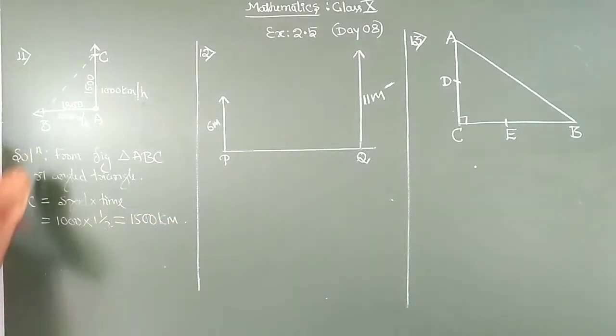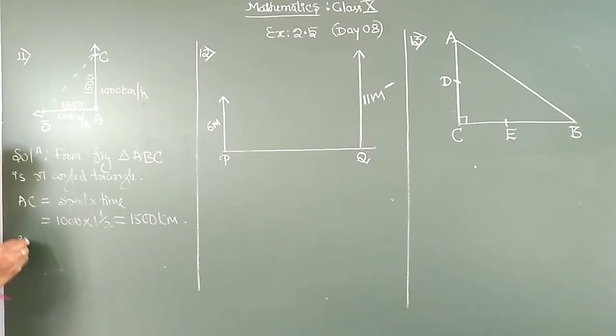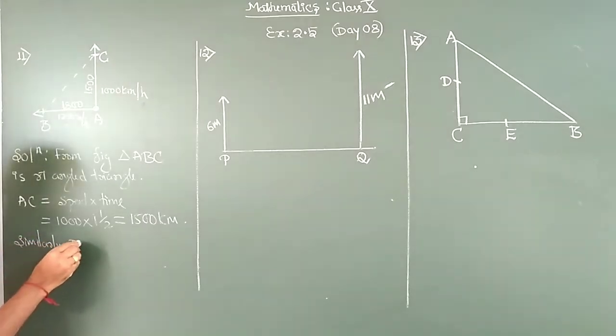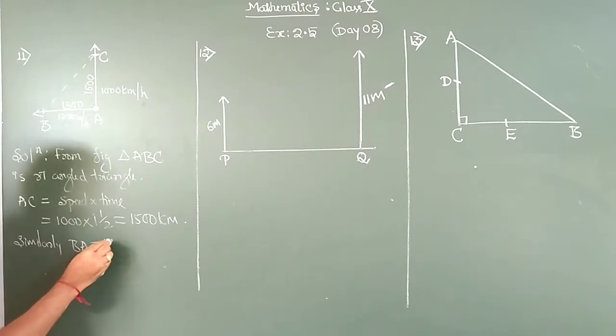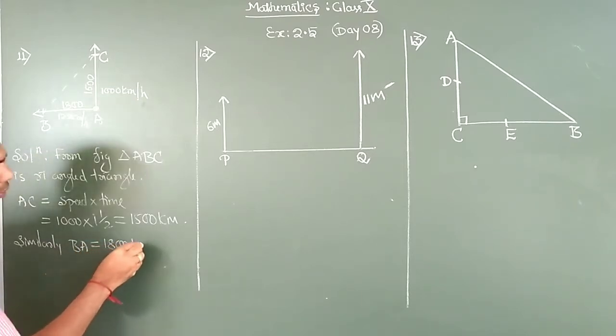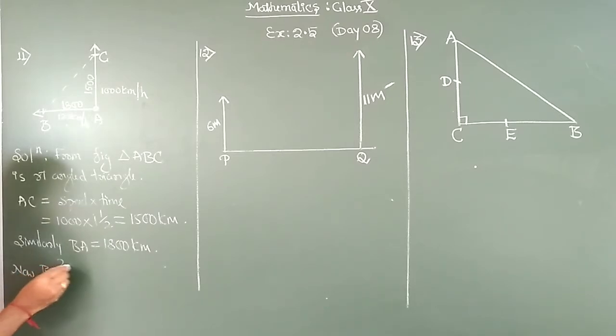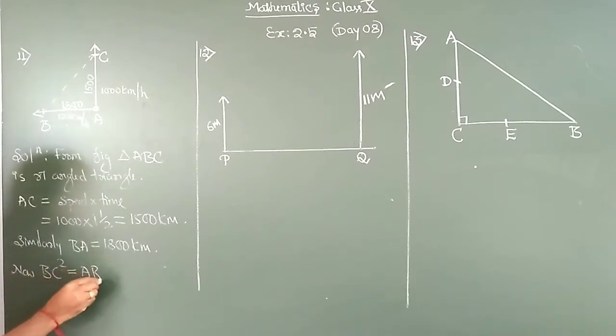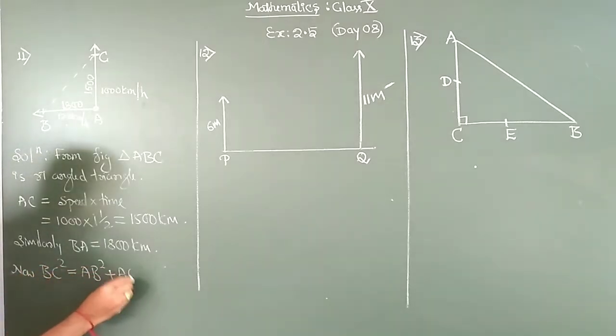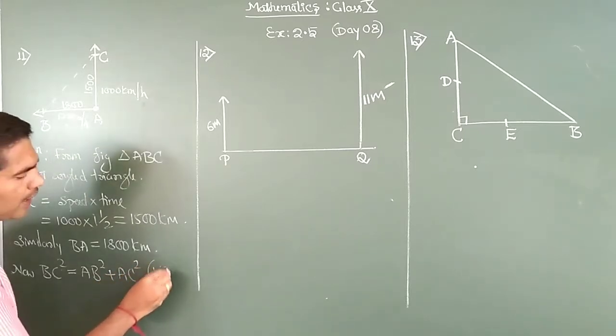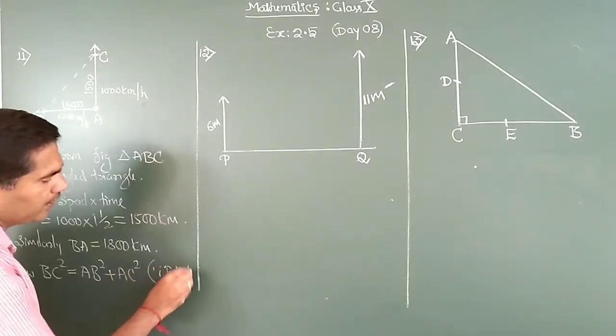Similarly for AB, BA or AB equal to 1800 km. Therefore, you can write now BC square equal to AB square plus AC square. This is from Pythagoras theorem. Reason, right.